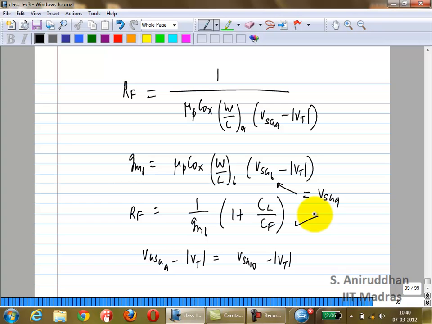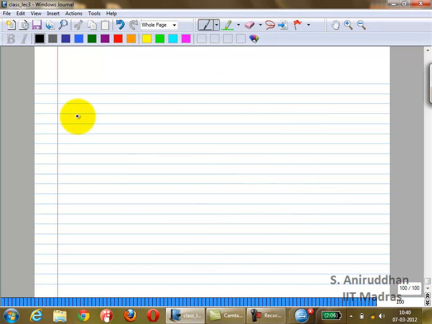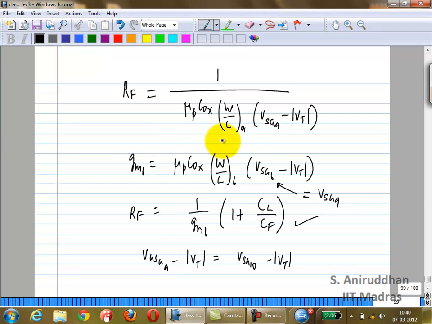Relationship between MA and M10, for example, in this case M9, M10. That is from here. I'm just inverting this relation. 1 over RF is GM6 into CF over CF plus CL.